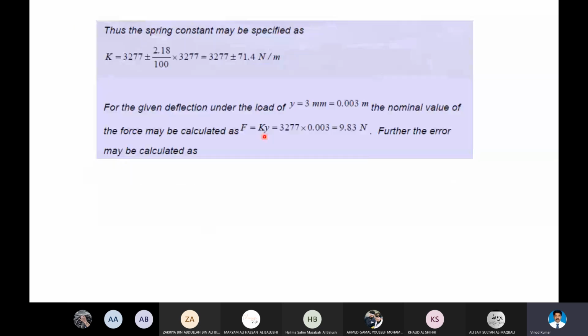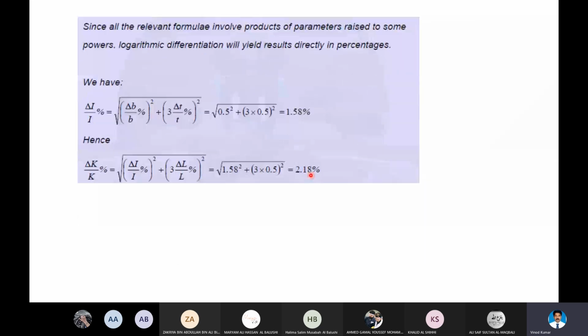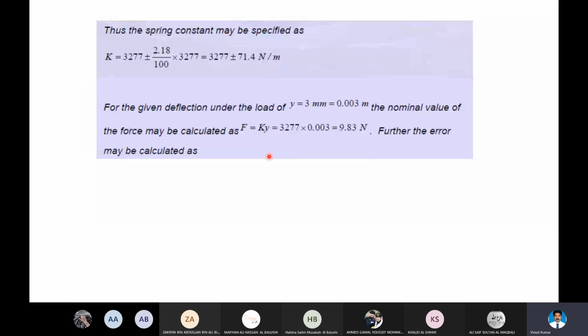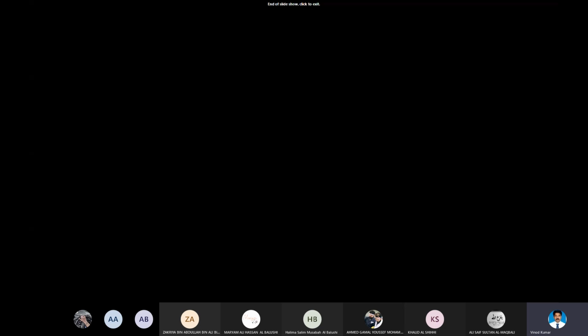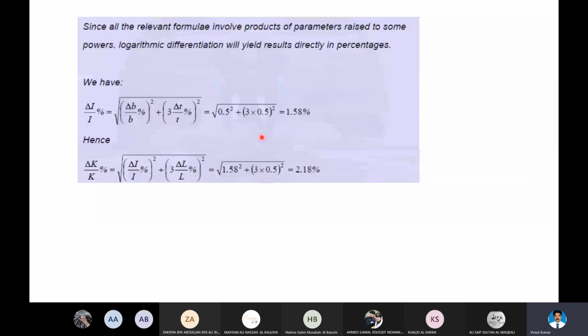So delta F over F, the relative uncertainty of force, equals the square root of (delta K by K) squared, which is 2.18 squared, plus (delta Y by Y) squared, which is 0.5 squared. Using that we can calculate delta F. You can do this as homework. Is that clear?